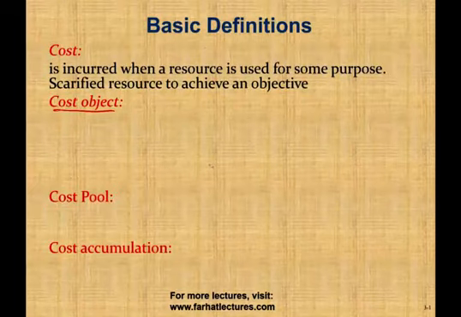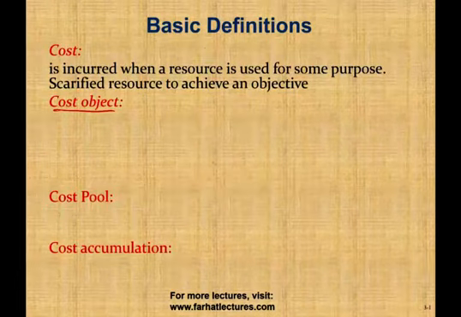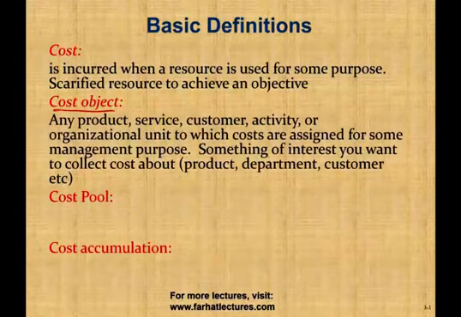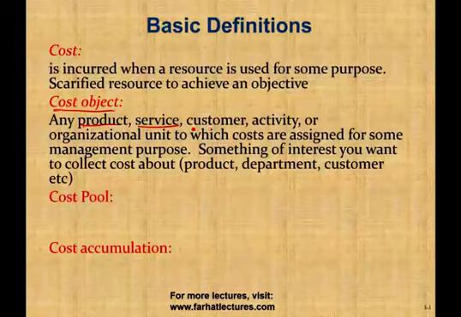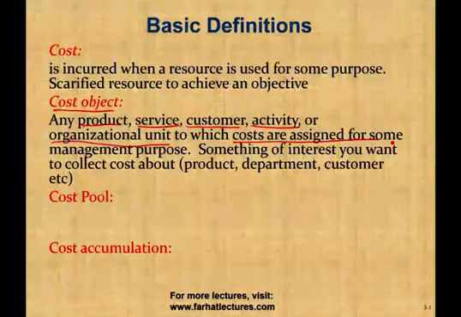You might be collecting cost information about a specific department. Then the department is the cost object. So anything that we have interest in. For example, any product, service, and notice, you could also collect information about a specific customer, how much it's costing us to keep up a customer, activity, or an organizational unit to which costs are assigned for some management purpose. So it's something of interest that you want to collect cost about.